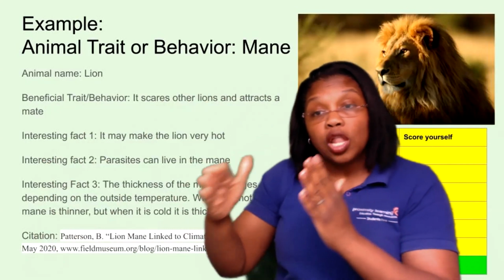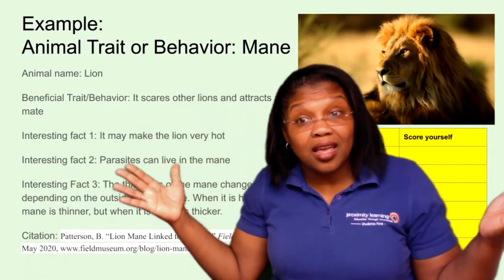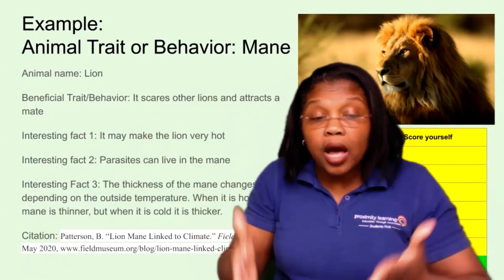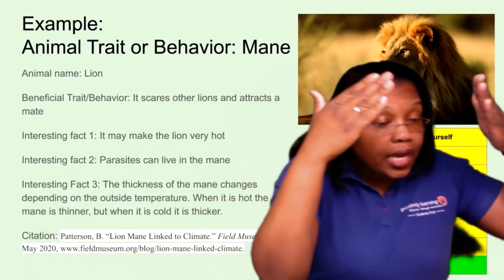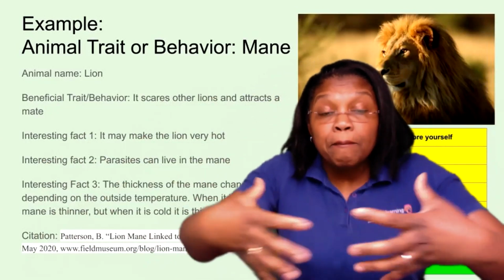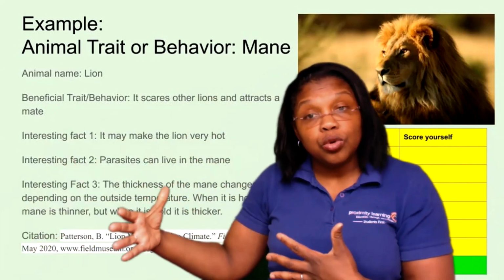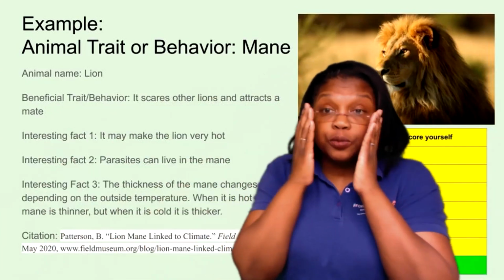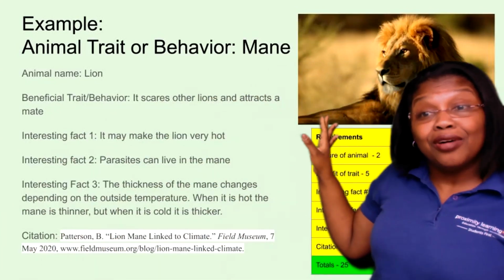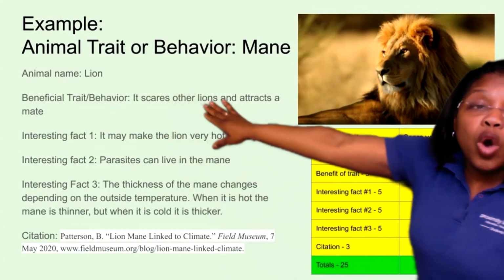That's what nature is all about. Animals and plants, plants do the same thing. It's all about how do I stay alive? How do I keep my species living? What do I have to do? That's what this is all about. So everything is purposeful. Even the mane of a lion is purposeful. So what is the benefit?